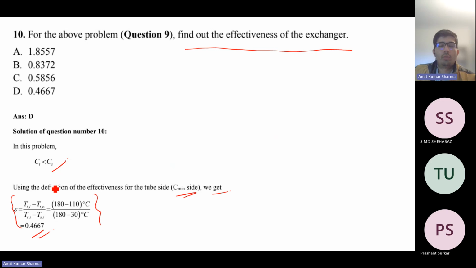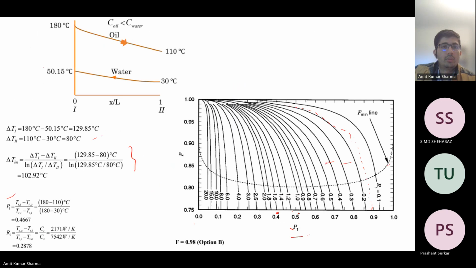0.4667. So to find out the effectiveness, we need the minimum heat capacity, C minimum. It will be 180 minus 110 upon 180 minus 30.